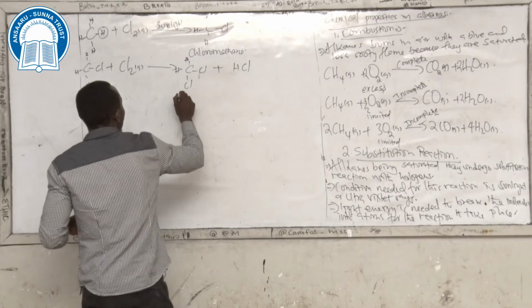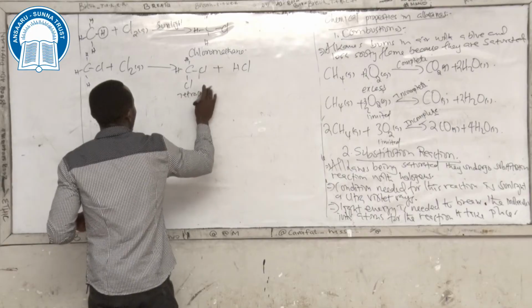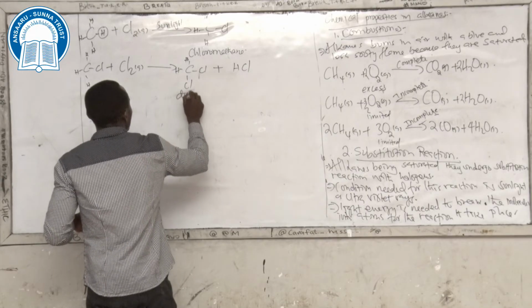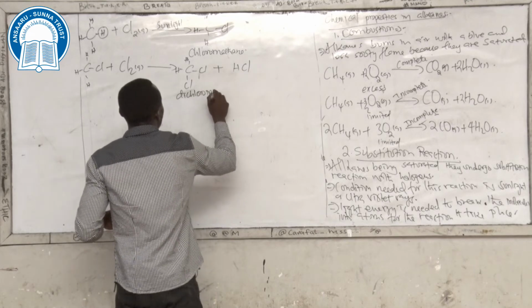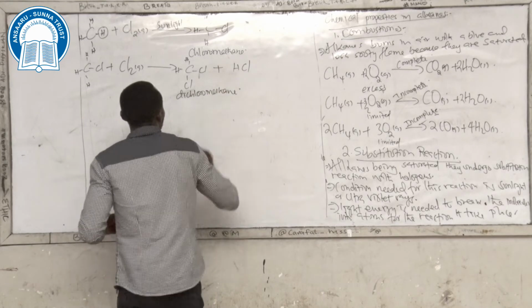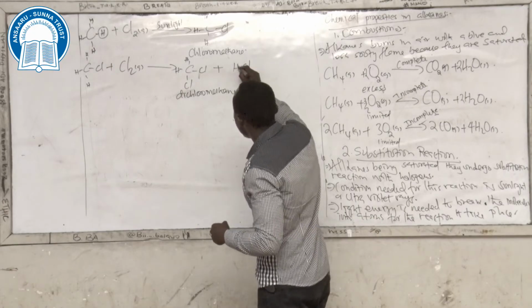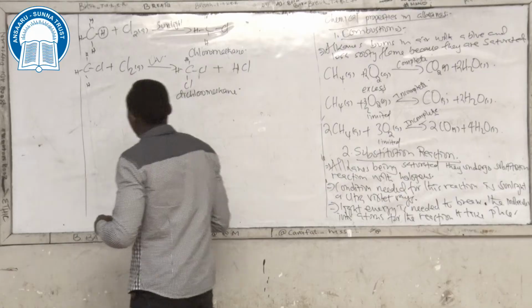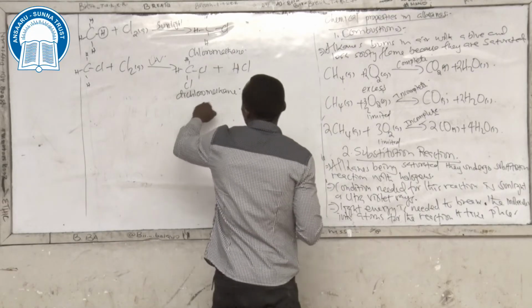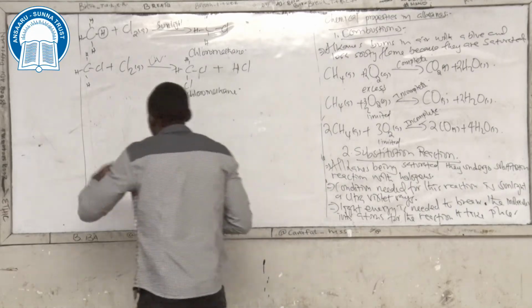Now we name this one dichloromethane, plus the hydrogen chloride. Here we have UV light as the condition.